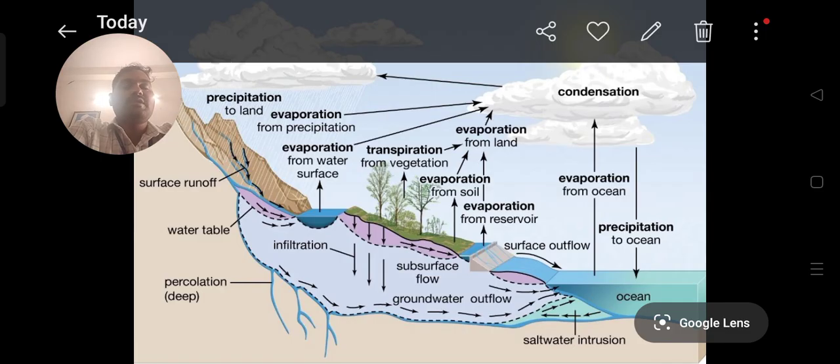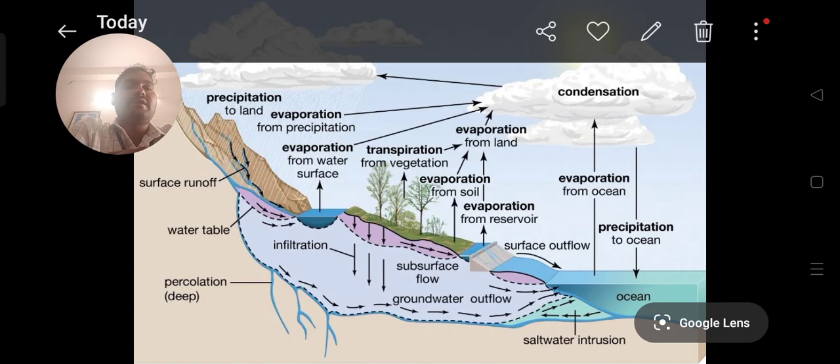So the hydrological cycle starts with evaporation. I want to define what evaporation is. Here the water particles are transferred from liquid state to gaseous state because of sun energy.